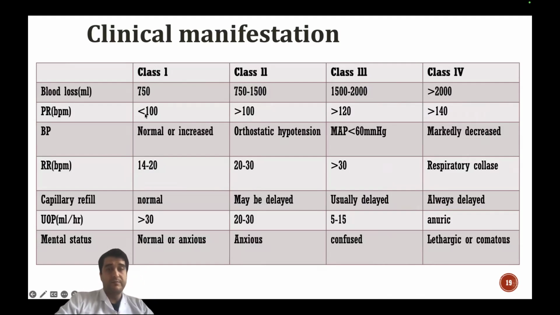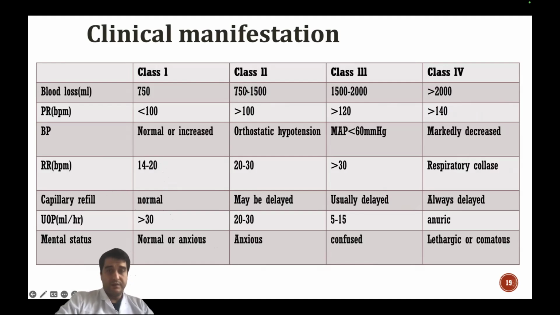In this case, pulse is less than 100, blood pressure is normal or increased, respiratory rate is 14 to 20, capillary refill is normal, UOP is more than 30, and mental status is normal.